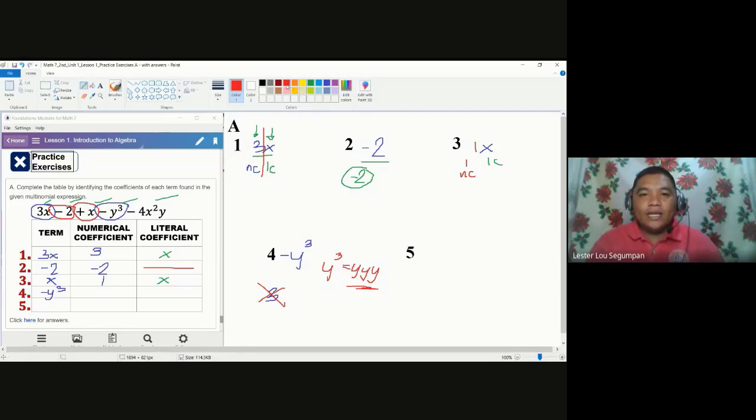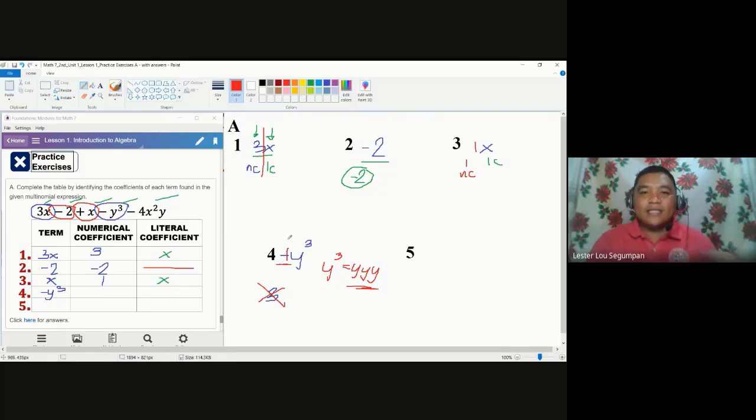Again, we take here what is the value of the numerical coefficient. Earlier, we have noticed that in 3, there is automatically 1. So definitely, there's also automatically 1 here. But instead of just 1, take note that the operation is subtraction, or the sign of this term is negative.